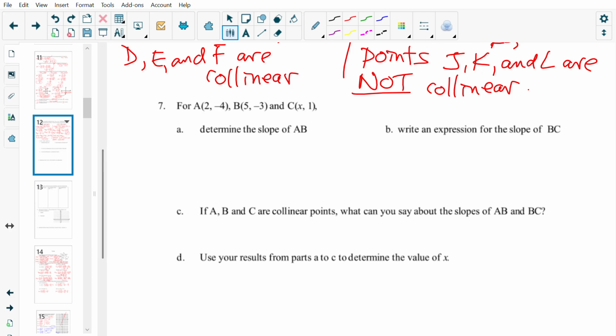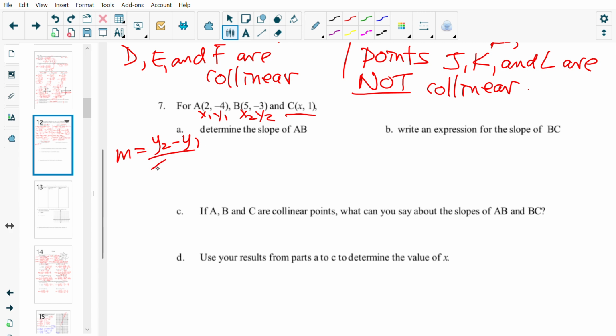Another one. For points A, B, and C, determine the slope of AB. Okay, where are we going with this? Point C has a variable x. We'll get to that a little bit later. Let me start with the slope formula.